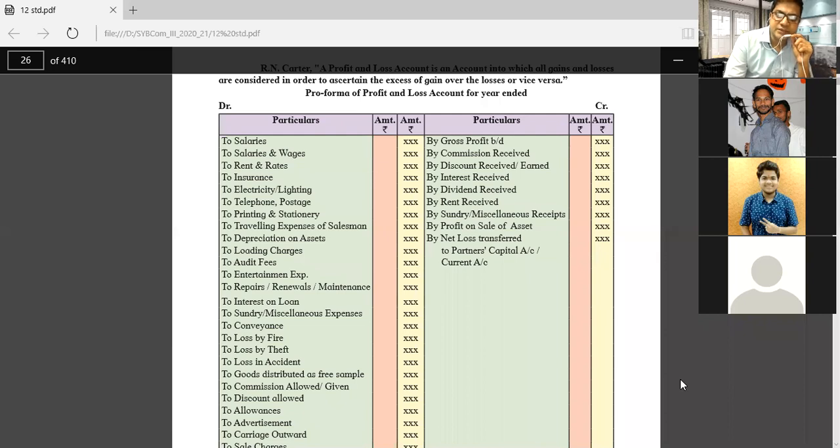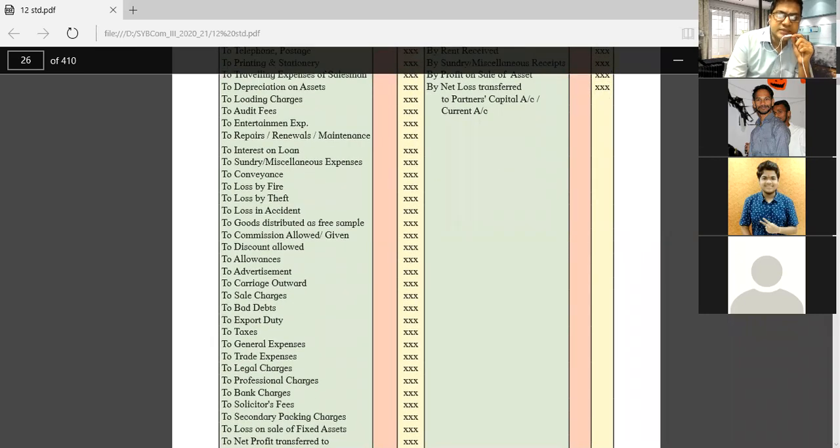Then conveyance is there. Then advertisement, carriage outward, sales expenses, bad debts, export duty, taxes. These are expenses related to the business. General expenses, trade expenses, sometimes legal expenses are there. We have to record professional charges, bank charges, solicitor fees, secondary packing charges, loss on sale of the fixed asset.